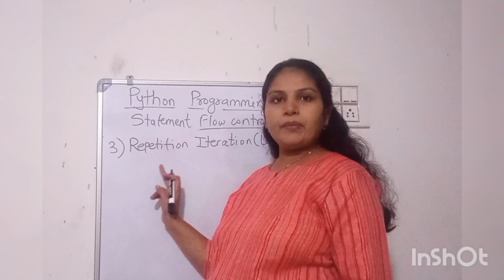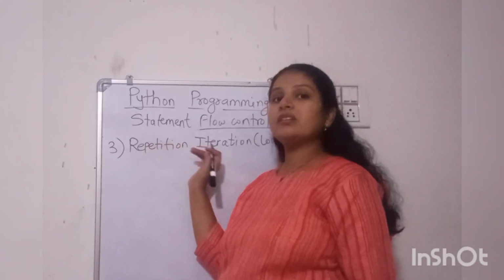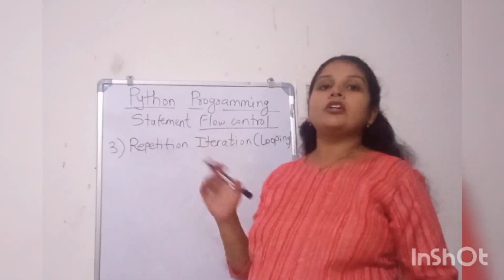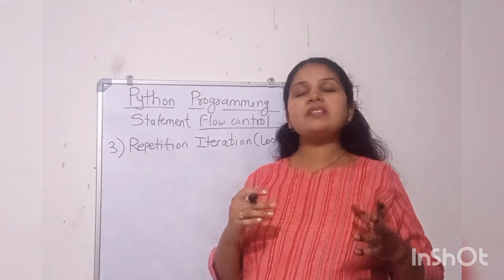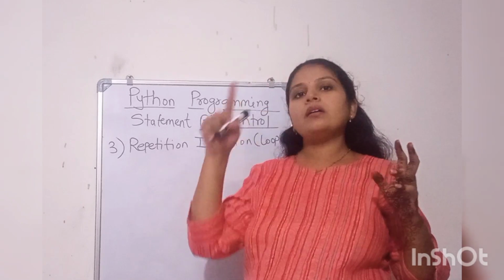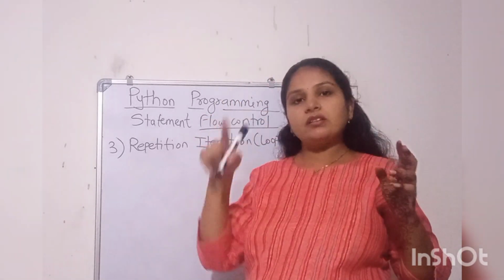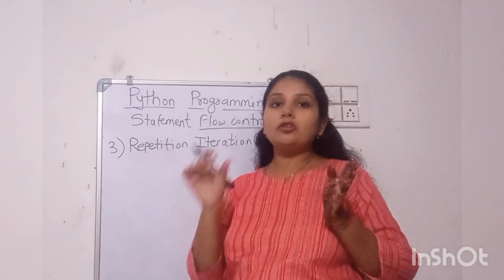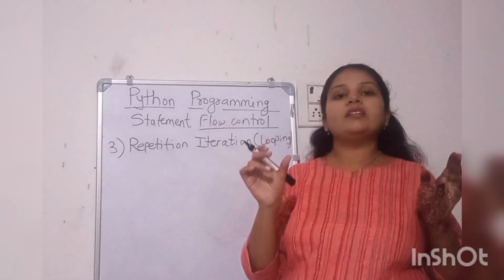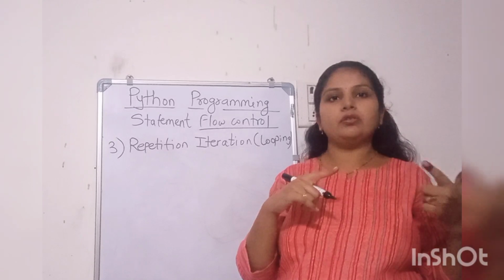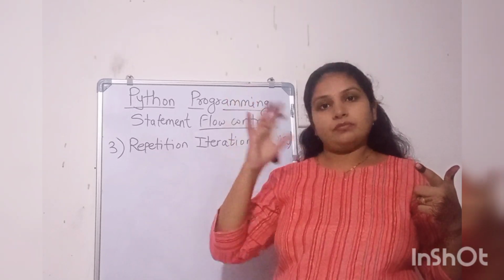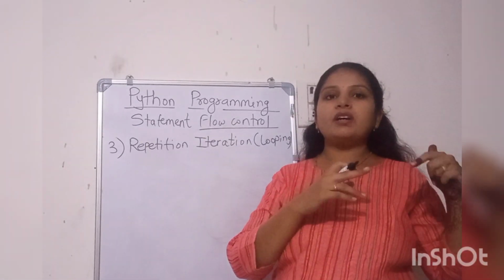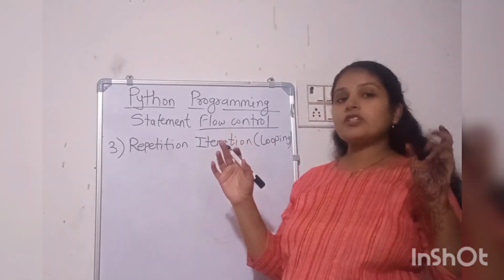The third statement flow control is repetition, iteration, also called a looping statement. You know the loop. Loop means some statements are executed in a loop manner, just like your video. If you enable the loop of the video, then your video will be continuous. Even after finishing, your video will start again with the first frame.